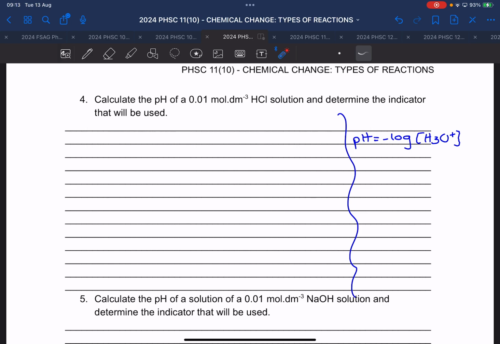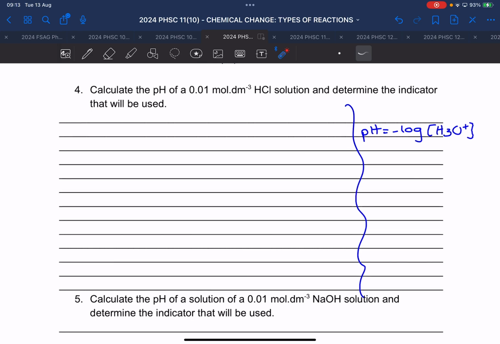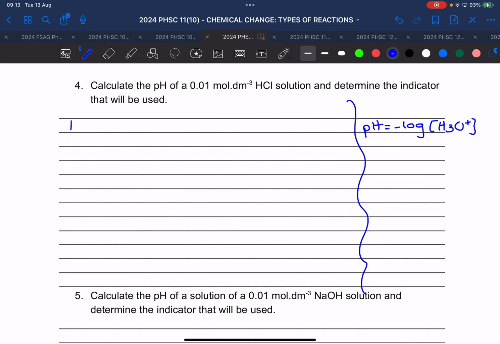What do we call that reaction where we add water? The ionization reaction. So we're going to show how hydrochloric acid reacts with water. This is a reversible reaction. And then this hydrogen gives you the hydronium ion and the chloride ion.